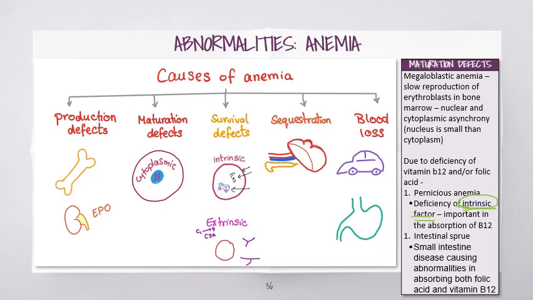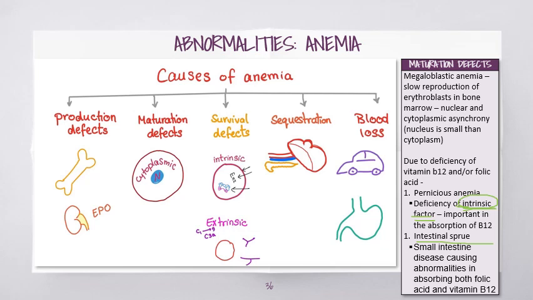So if you can imagine, you have no intrinsic factor, you cannot absorb vitamin B12, leading to vitamin B12 deficiency. Another cause of vitamin B12 or folic acid deficiency is intestinal sprue, wherein the small intestine cannot absorb both folic acid and vitamin B12. Okay, but these examples are not pretty normal.